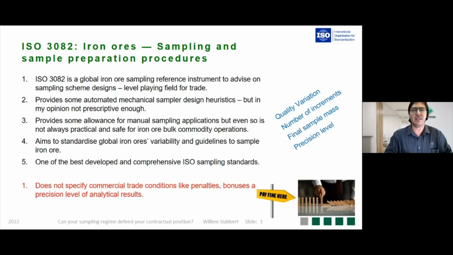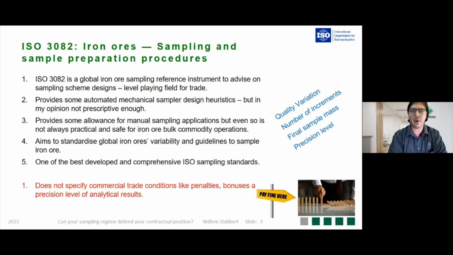Another purpose of the ISO standard is to try and standardize global iron ores' variability and to provide guidelines how to sample them to achieve a certain precision level. In other words, not measuring only the average grade, but also the bell curve distribution around that. But there could be exceptions where even bell curve distributions are replaced with Poisson distributions. So naturally, not all variation of all global iron ores can be covered in an encompassing umbrella type of standard.